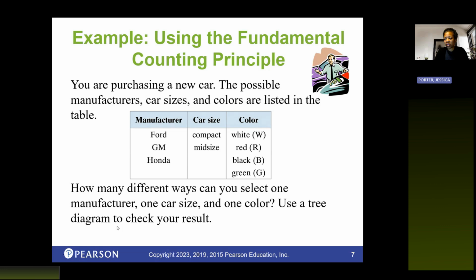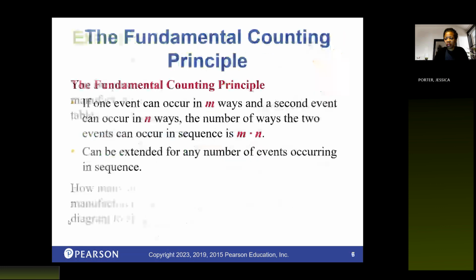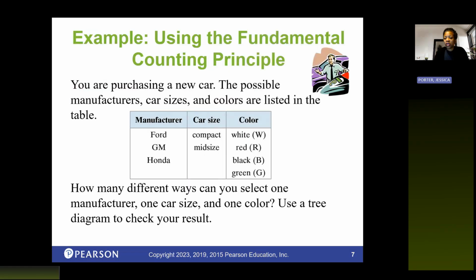M by N and M times N. You do multiply them. You are right. So that would give us 3 times 2 times 4, which is 24. You're right. You will multiply them.